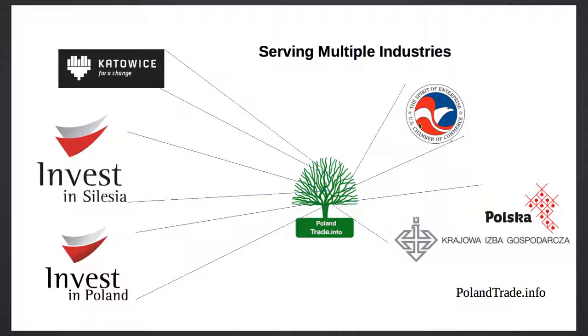But if you're an industry-specific Chamber of Commerce, you just want to see a small branch. So the software is all written in JavaScript and JSON. So it's not that difficult to take any branch of this tree and put it on some other organization's website.